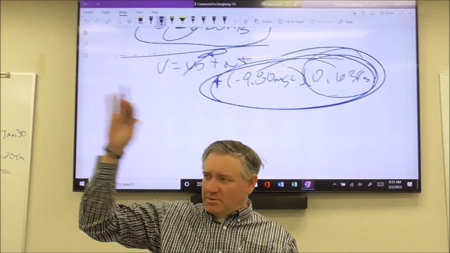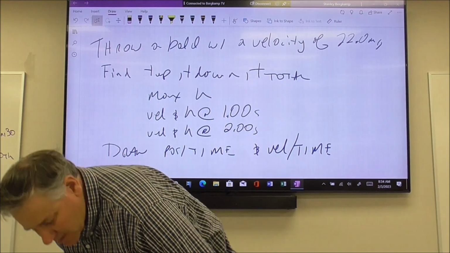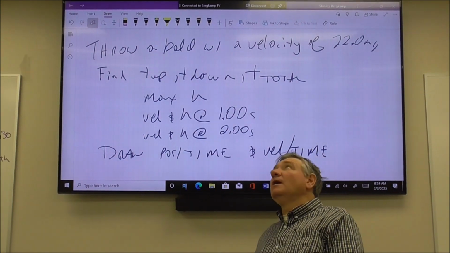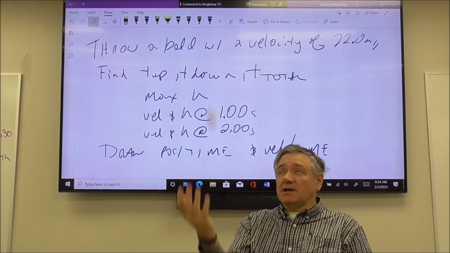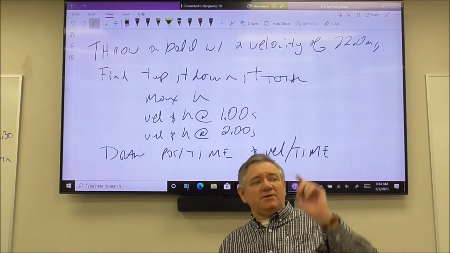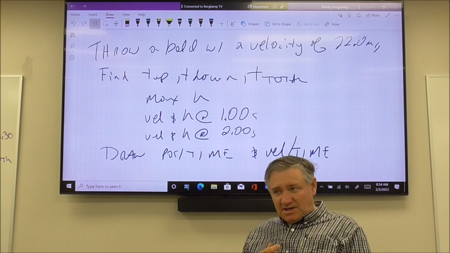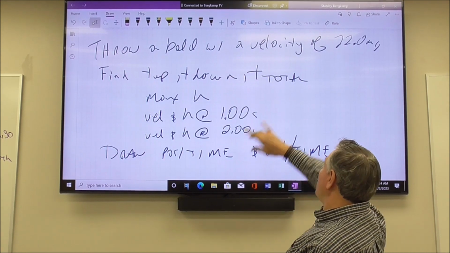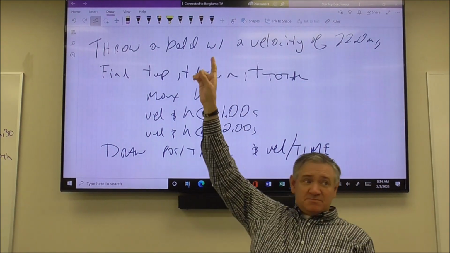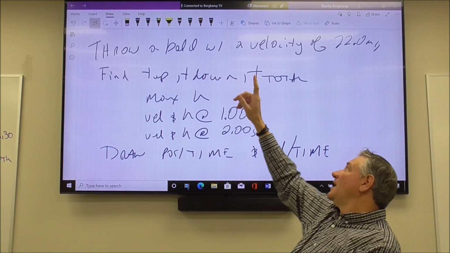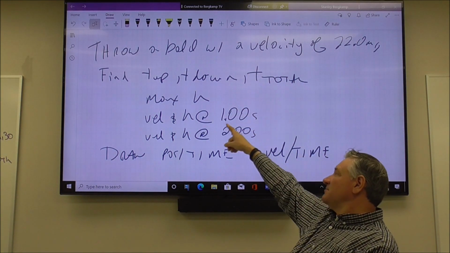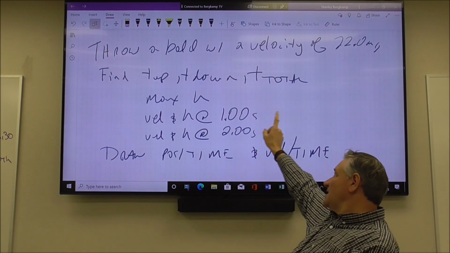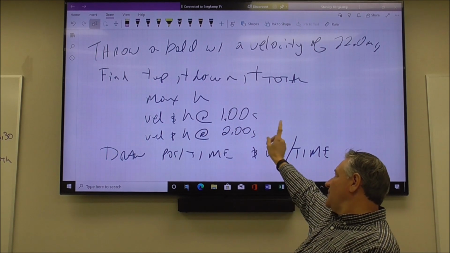We have one big one. On this one, we're going to take the ball and we're going to throw it up in the air, and Carson picked 22 meters per second. Okay? That's the only number that we know. From that one number of 22 meters per second, I want to find the time up, the time down, the total time, the maximum height, the velocity and height at 1 second, the velocity and height at 2 seconds.